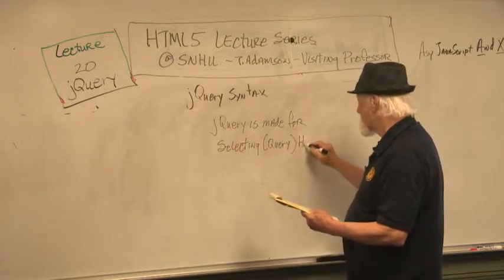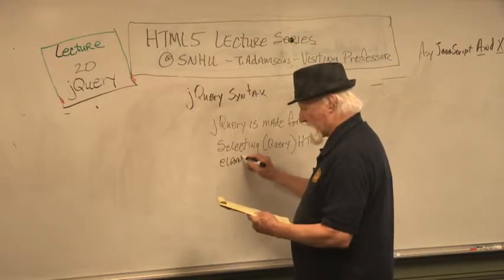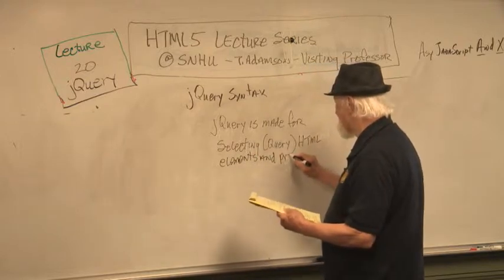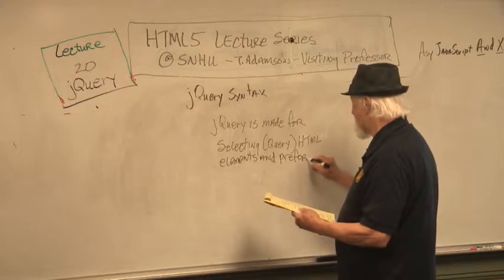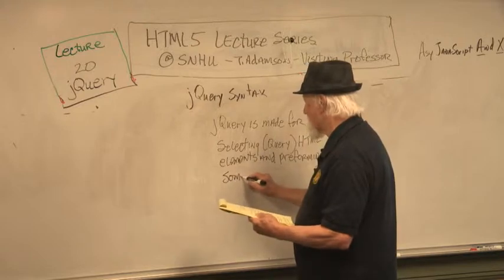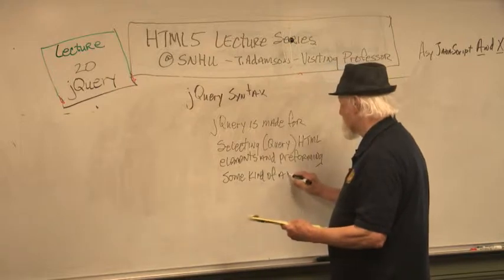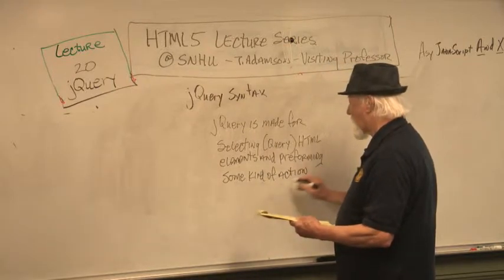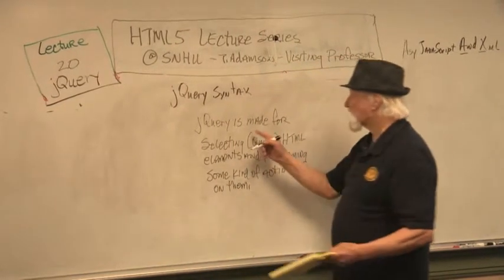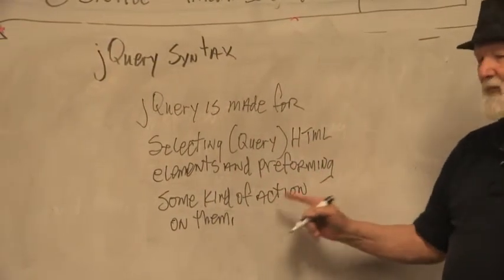Query HTML elements and performing some kind of action on them. So basically, jQuery is made for selecting or querying an HTML element and then performing some kind of action.